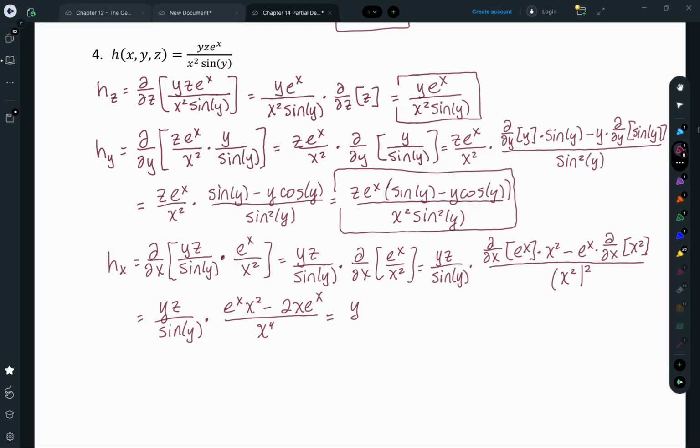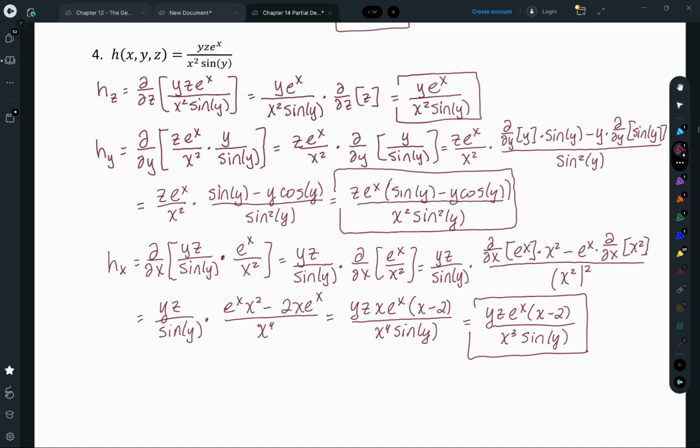So I have yz x e to the x. That leaves behind an x minus 2. And then in the bottom, I have my x to the 4th times sine of y. And then notice that x and the x to the 4th, those will simplify. So my final answer will be yz e to the x times x minus 2 all over x cubed sine of y.